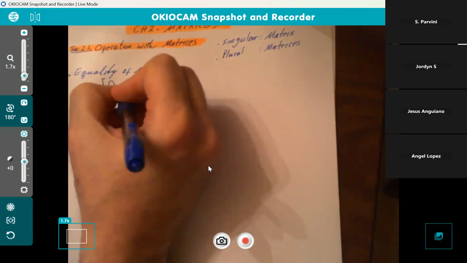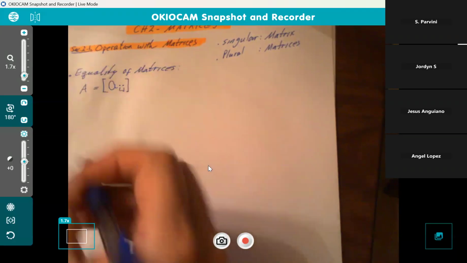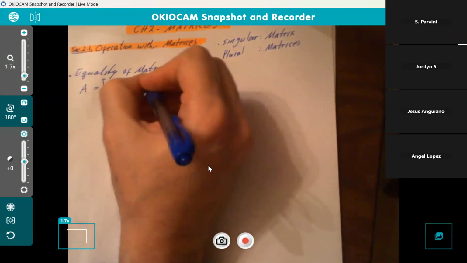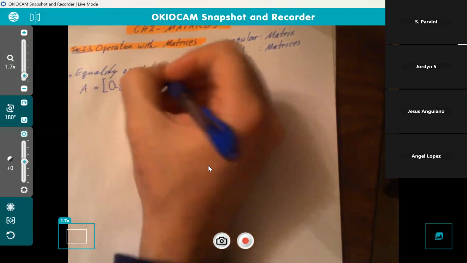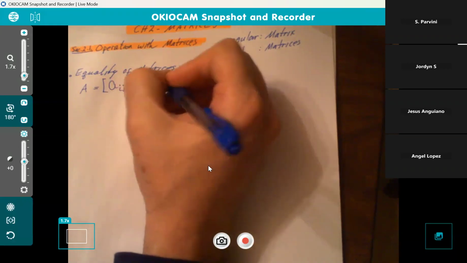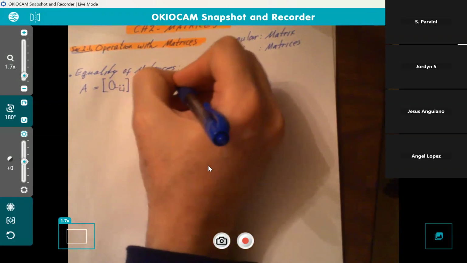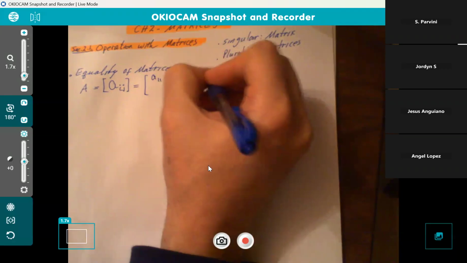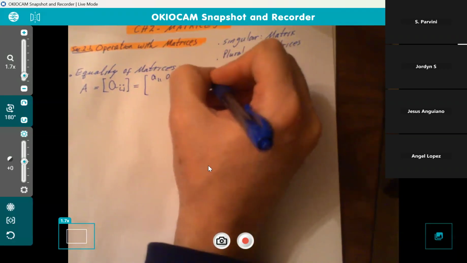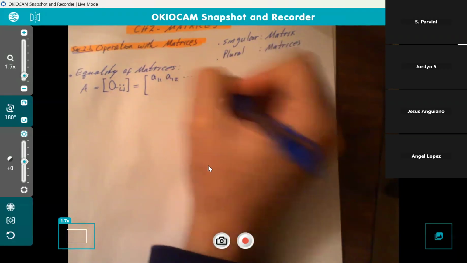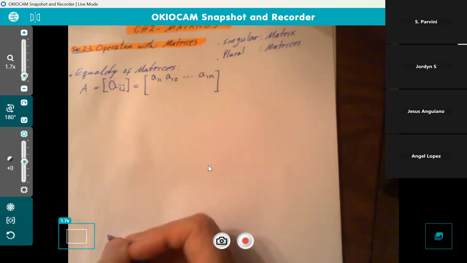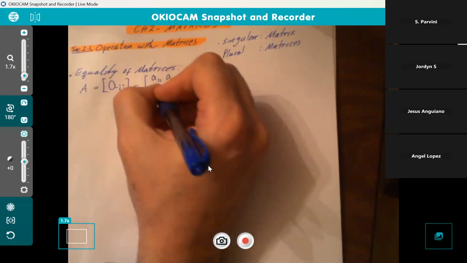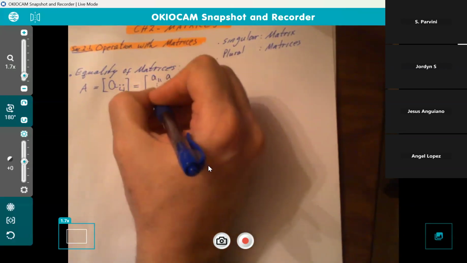So let's say I have matrix A, and we define matrix A to be A subscript ij. So that means this matrix is made up of rows and columns. So for example, the first row is A11, and then we go A12, A1, and suppose I have N as in Nancy, N columns, and so on and so forth, all the way up to the last row.